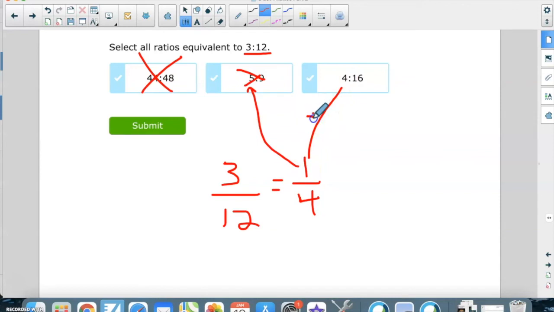That's times 4, right? Again, I'm just showing you some different methods, some different shortcuts that might work sometimes. 1 times 4 is 4. And then 4 times 4: what I do to one number, I have to do to the other, right? And 4 times 4 is 16, so I know, hey, these are equivalent. Check.